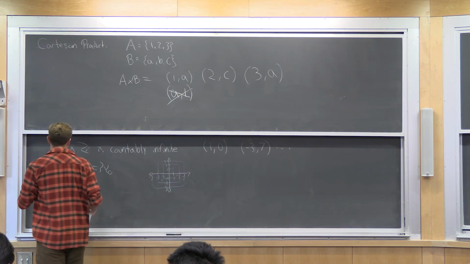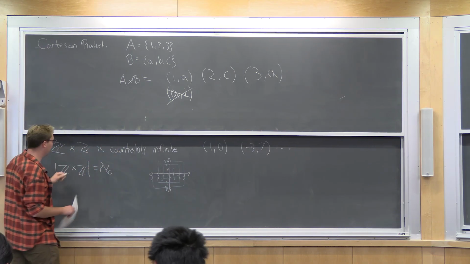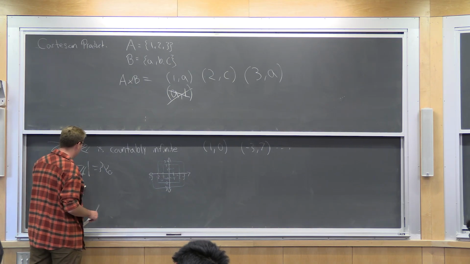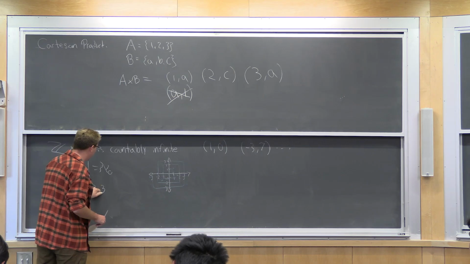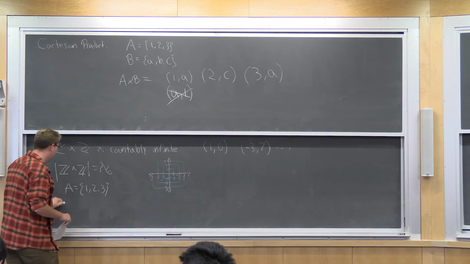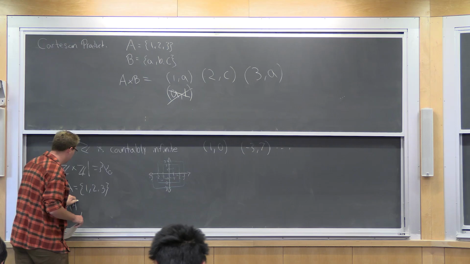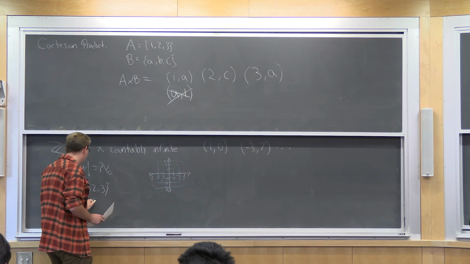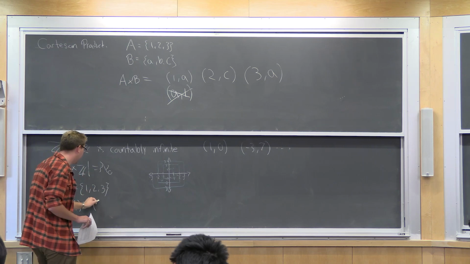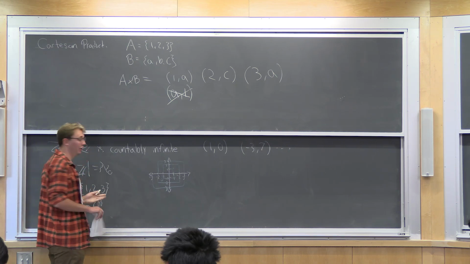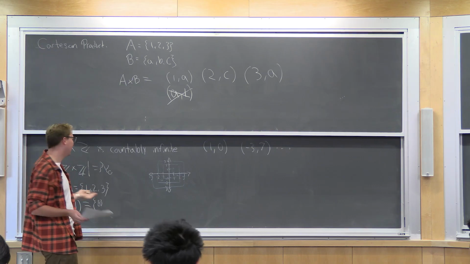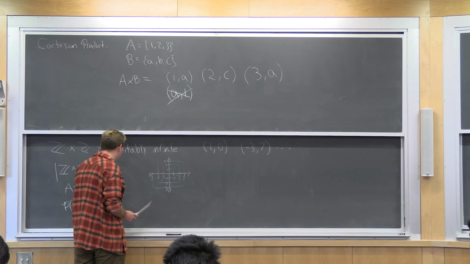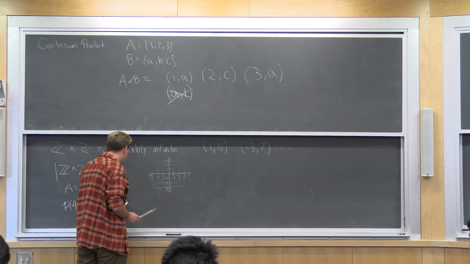And I'd like to give a note on power sets. If we have some set A, 1, 2, 3, the power set of A is the set of all subsets. So in this set we'll have just 1. The set containing 1 is a valid subset of A. You'll have the set containing 2, the set containing 3.